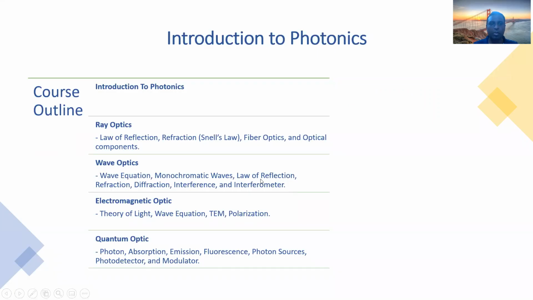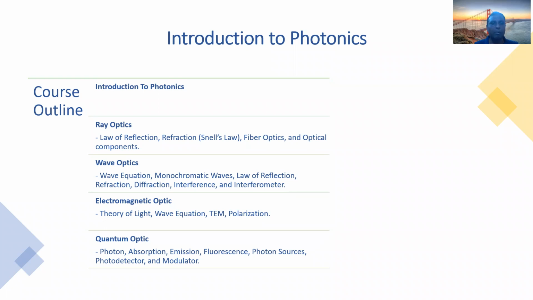The course outline for today: I'll start with the introduction and then proceed with ray optics, where we will be looking at the law of refraction, also known as Snell's law, and we will be looking into fiber optics as well as its associated components. And then we move to wave optics. In wave optics, we will be looking into the wave equation, monochromatic wave, law of reflection, refraction, diffraction, as well as interference and interferometer.